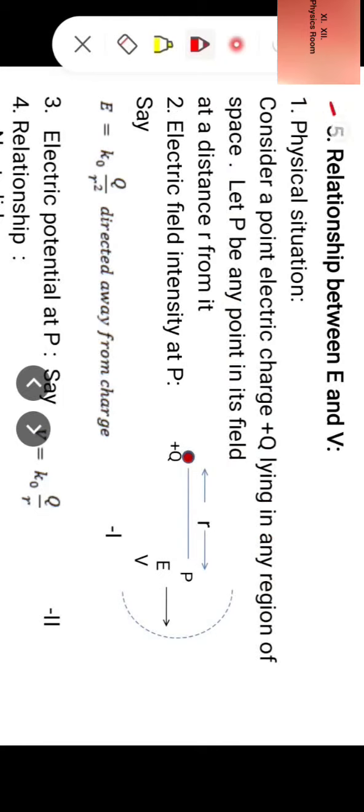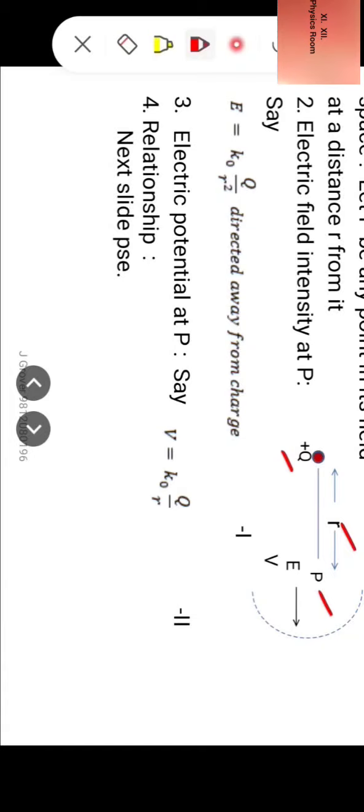Now relationship between E and V, that is electric field and electric potential. Physical situation. Consider a point electric charge plus Q lying in any region of space. Let P be any point in its field at a distance R from it. Okay, this is the situation.